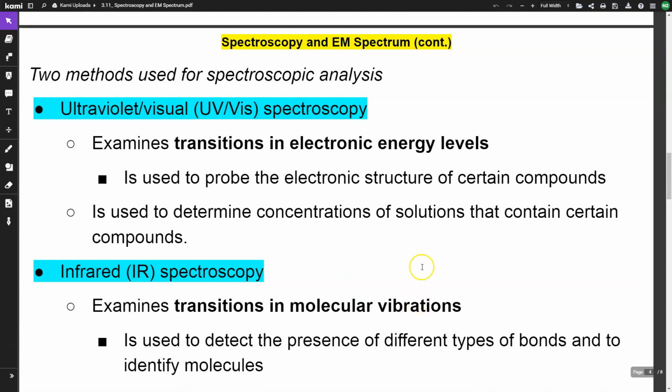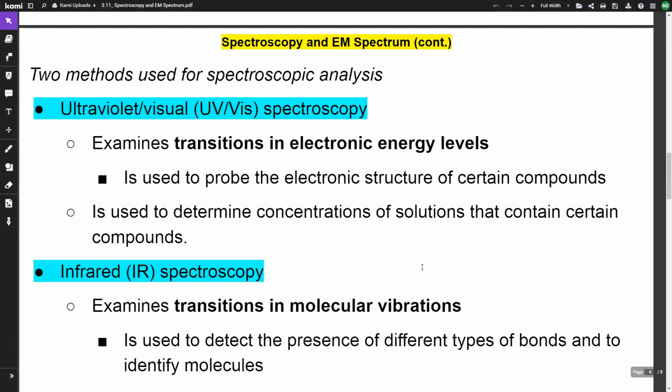So there are two methods that we're going to talk about for spectroscopy: ultraviolet or visual spectroscopy. When we use this type of spectroscopy, we're examining transitions in electronic energy levels. We use this to probe the electronic structure of certain compounds, and it's used to determine concentrations of solutions that contain certain compounds. So this one's pretty cool.